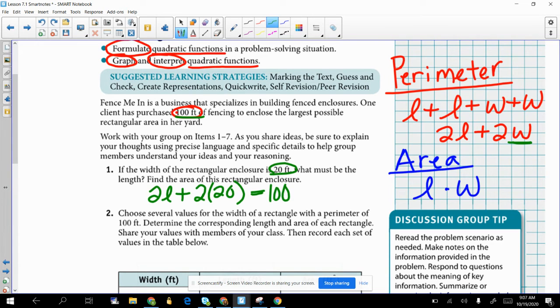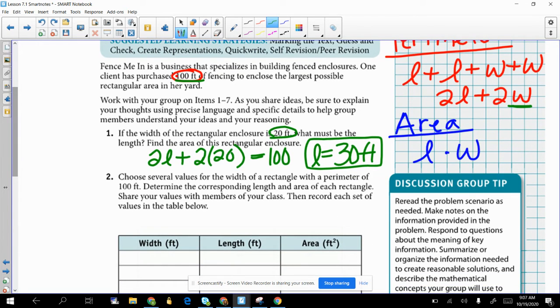All right, so 2 times 20 is 40. I would subtract that over, so you'd be left with 2L equals 60. So when you solve for that, you would get L, or your length, has to equal 30 feet.